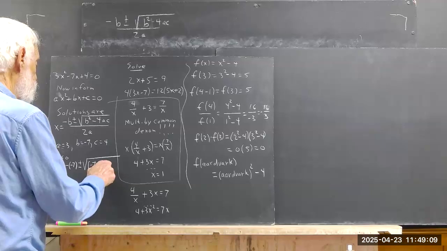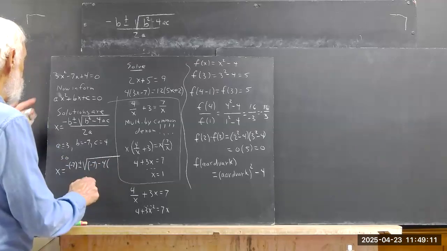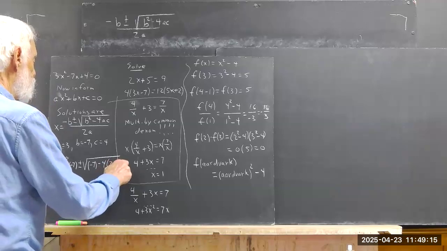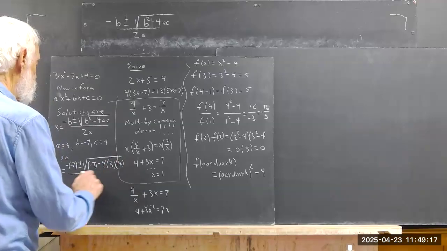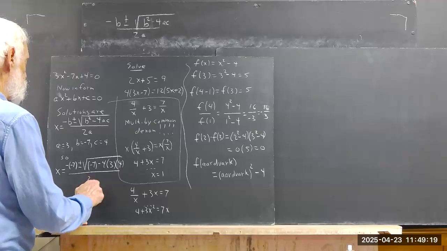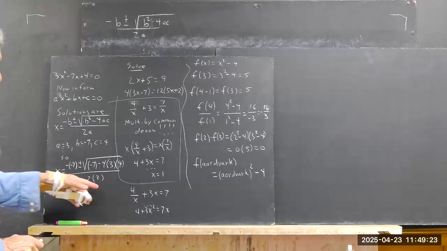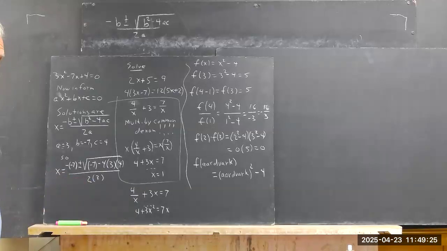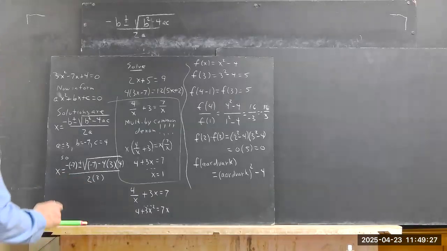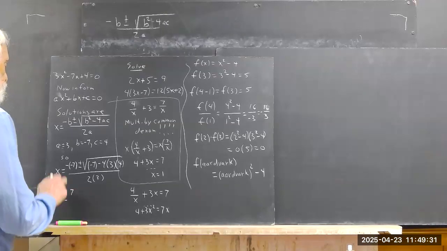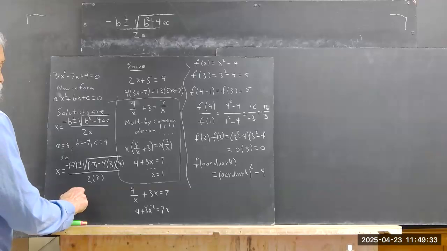Okay, well, then we have minus 4 times a, which is 3, times c, which is 4. I think everybody's got that. And then we've got 2 times a, 2a, that's 3. Okay. Now we've got to keep our wits about us and simplify this. First of all, the negative of negative 7 is plus 7.